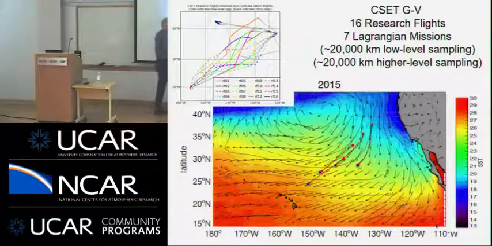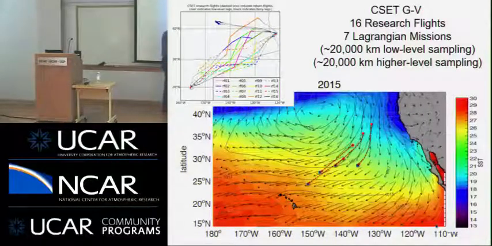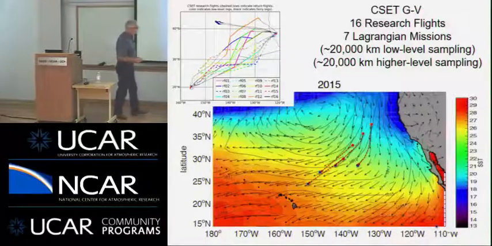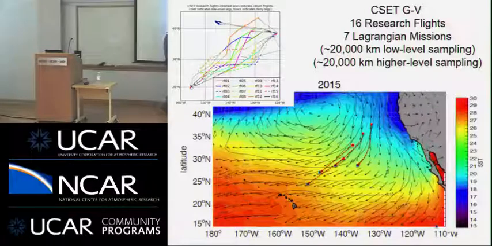So here, an average look at what these trajectories would look like. These red dots are the average that we flew on the outbound flights, and the blue is the average that we flew on the flights back. And you can see that these trajectories basically follow the streamlines pretty well, which is consistent with how we think things are working. If things are steady, and for an average, that works out pretty well.